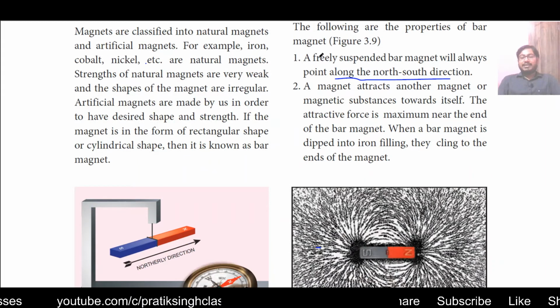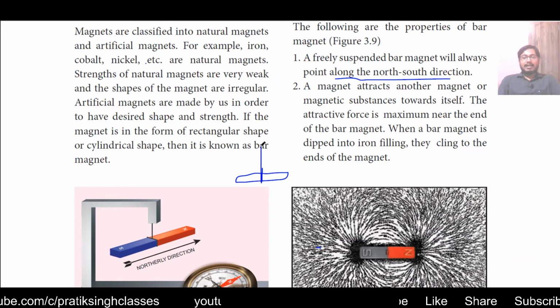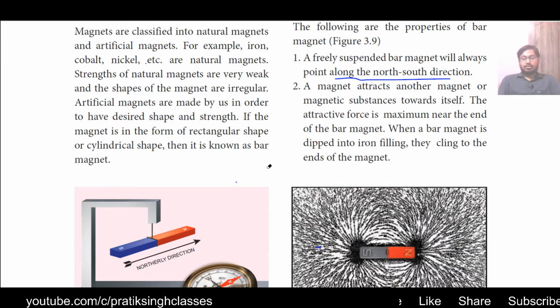Freely suspended bar magnet means we take a bar magnet, tie it from the center and hang it. Whenever we do this and twist the magnet, it will come to rest always facing the north and south direction of earth.